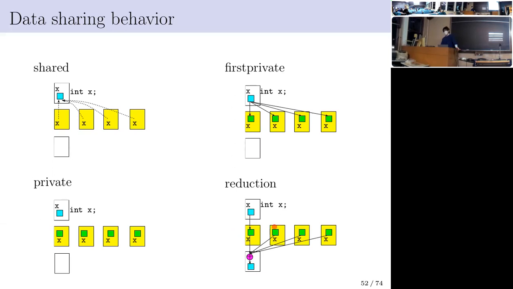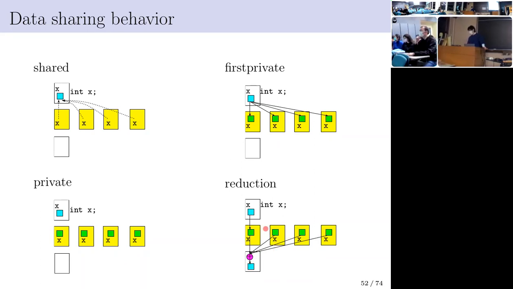So reduction is somewhat more complicated and is going to be very important. It is similar to private in the sense that each of these threads has its own local variable. So inside this parallel region, there's no communication through this variable.